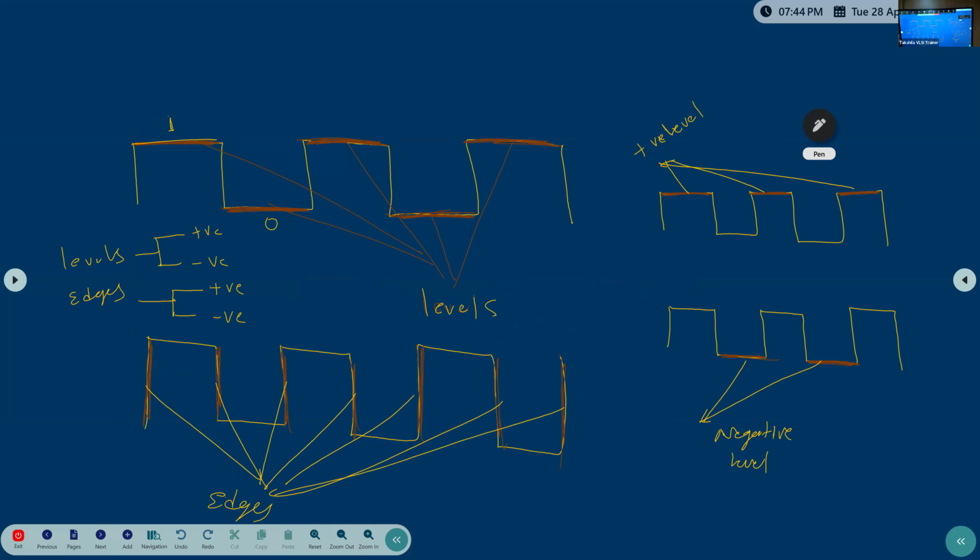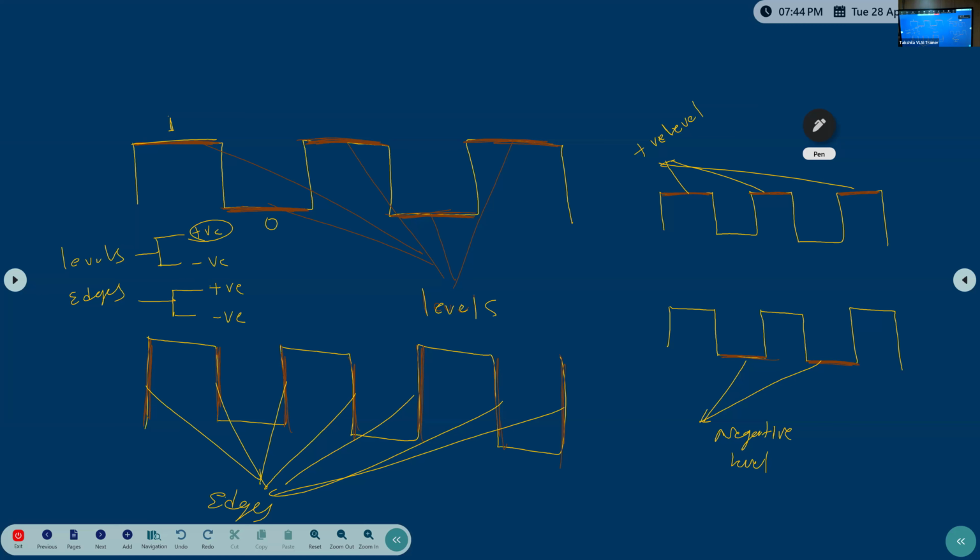If a sequential circuit is turned on only at the positive level, that is called positive level triggered. If a sequential circuit turns on only at the negative level of a clock signal, that sequential circuit is called negative level triggered.